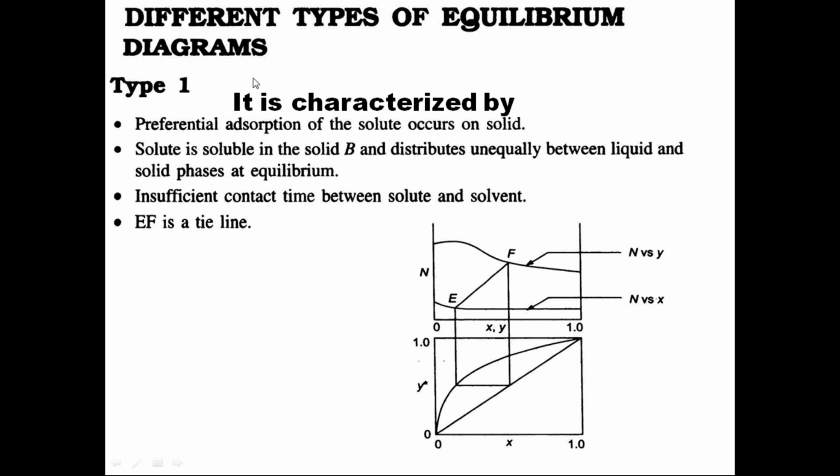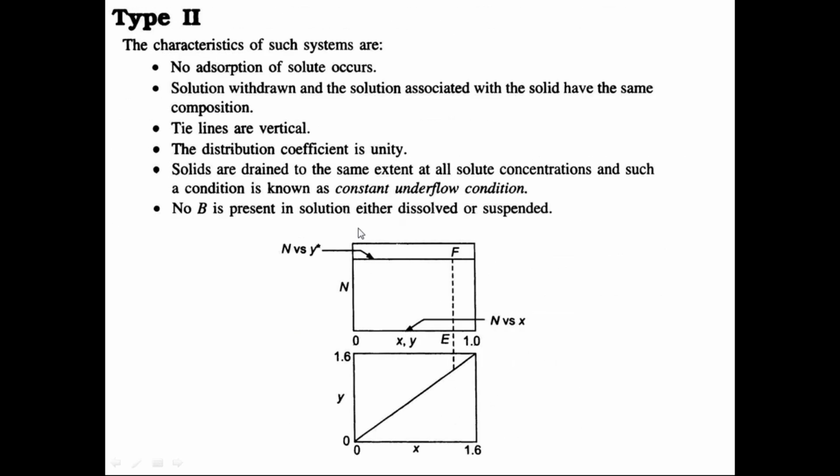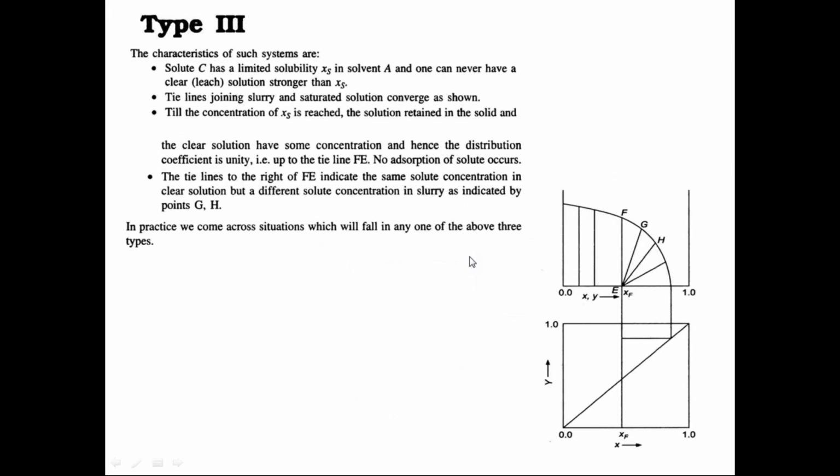So this is the type 1 equilibrium diagram where preferential adsorption is there, and this is the type 2 equilibrium diagram where there is no adsorption. So that is how you will get two types of diagrams. Then there is a third type of equilibrium diagram. The characteristic of this diagram is that solute C has a limited solubility.